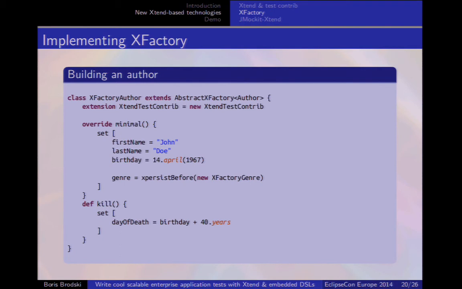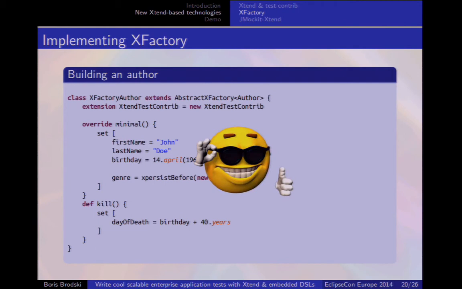You can build this feature yourself, to be able to specify dates like this. And we also specify here the main method. So if you want an author dead, then you just have to kill him. OK, and you can ask your neighbors. They will confirm that that's cool.